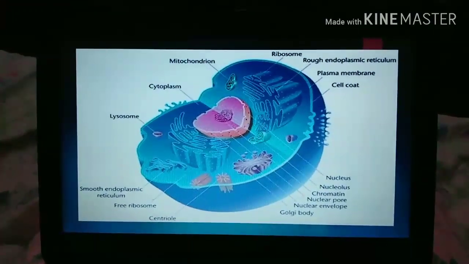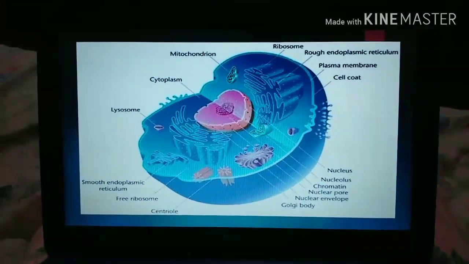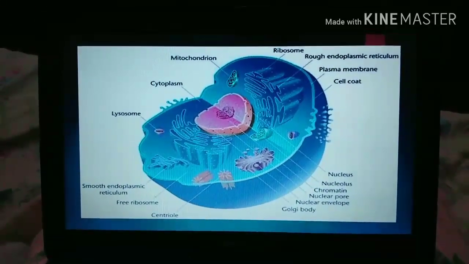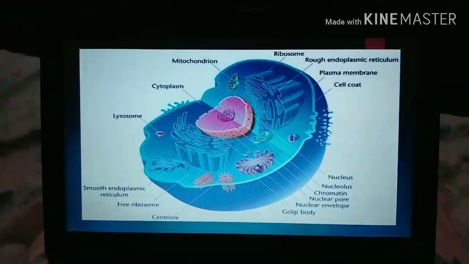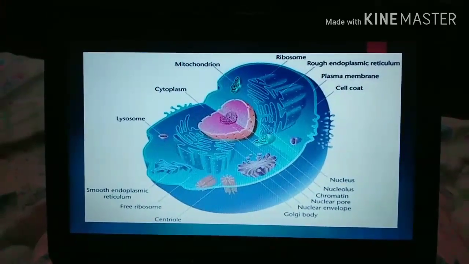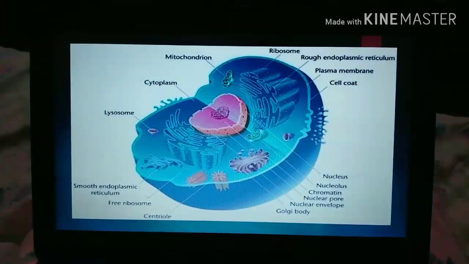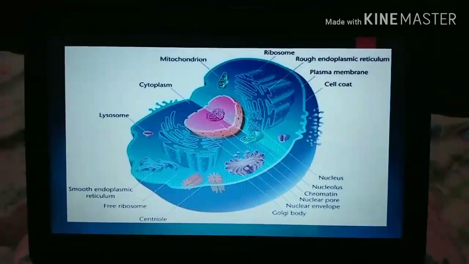In plant cells, you see a structure external to the plasma membrane called the cell wall. The cell wall is the rigid covering that protects the cell, provides structural support, and gives shape to the cell.